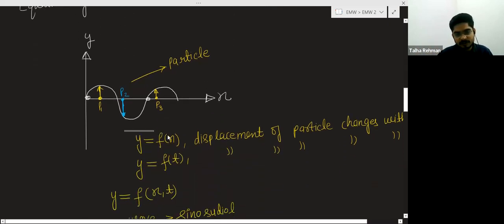So this thing is clear. y is equal to f(x), where y represents the displacement of the particle.